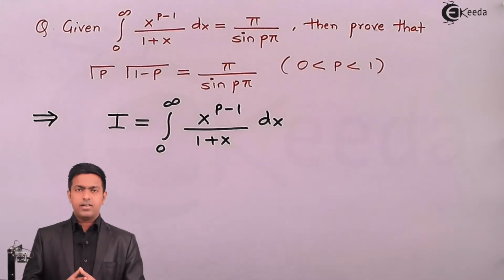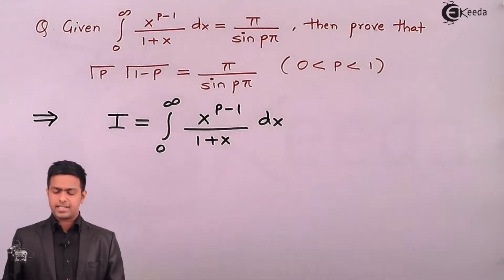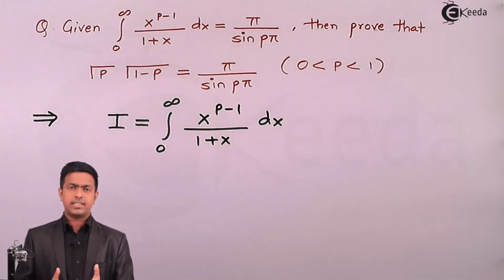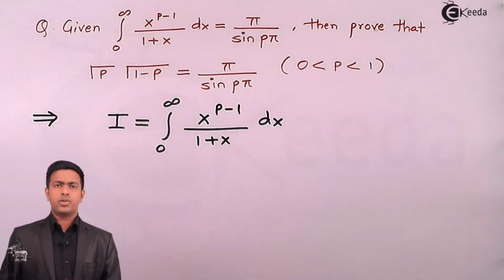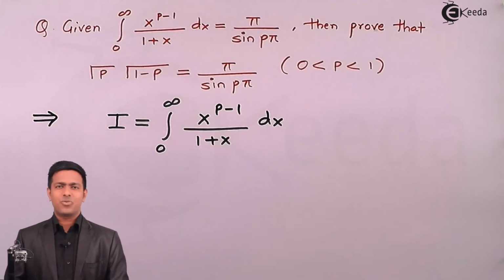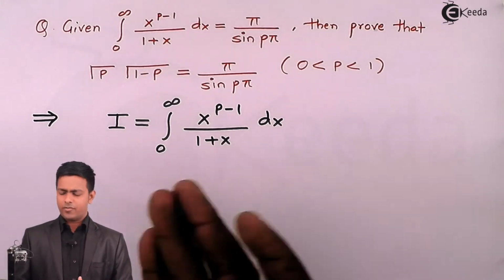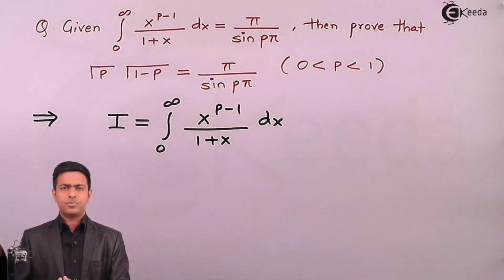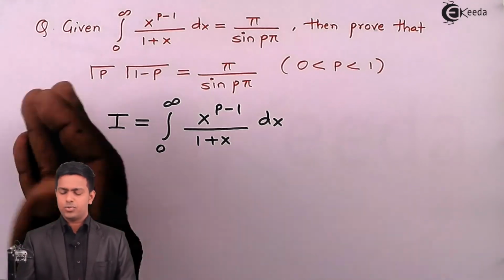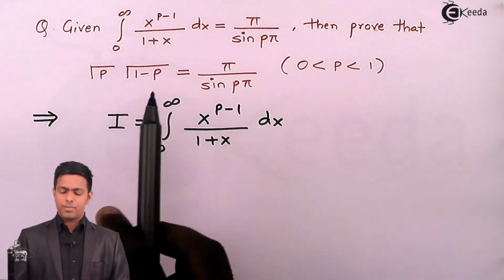Here we can substitute x as tan square theta. Why? Because 1 plus tan square theta gives sec square theta, and by differentiating we can get the value of dx, which we can substitute and evaluate this integration to gamma p into gamma 1 minus p.